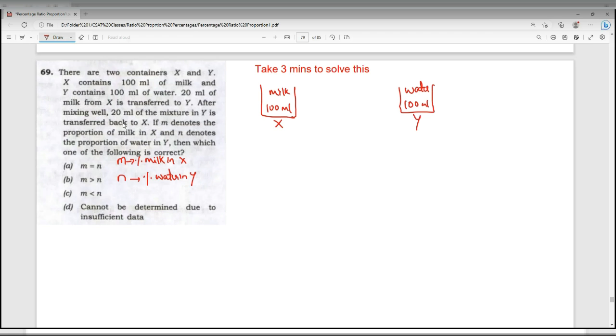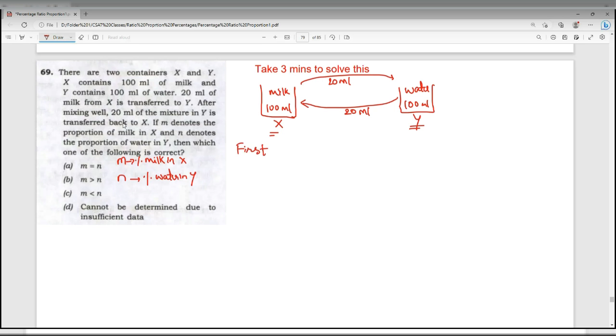Now first, from X, 20 ml is going to Y, and after that they'll mix properly, and then again 20 ml from Y they'll transfer back to X. They're asking what would be the concentration of milk in X and what would be the concentration of water in Y.